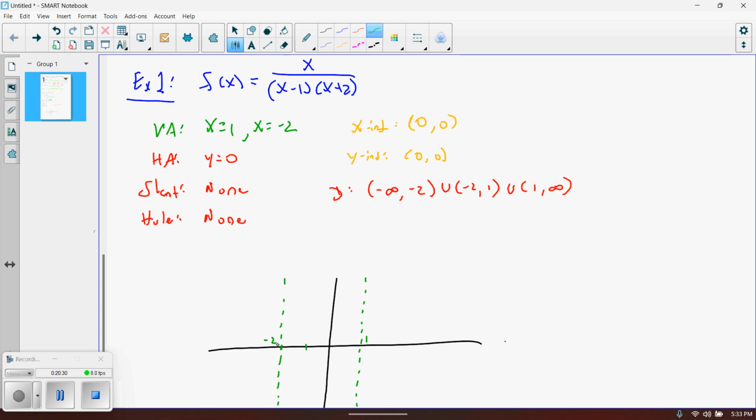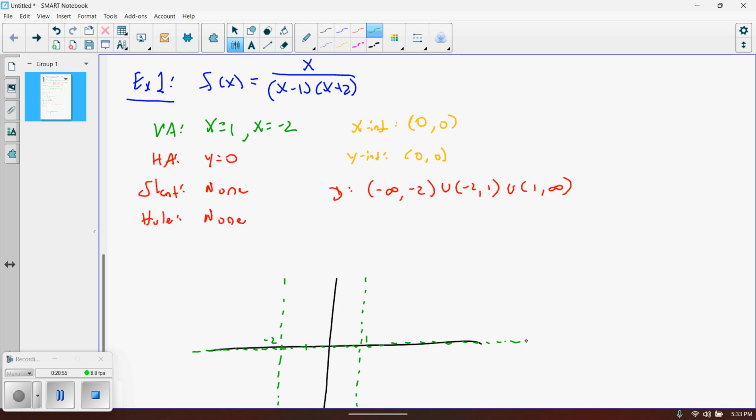That's at -2. We have a horizontal asymptote at y equals 0, which is the x-axis. When it's on the axis, it's a little bit more challenging to draw just because you're drawing usually right over top the axis. In my case, because it's green, it might be a little easier to see. But you'll do a dashed line there at y equals 0. Don't have any slants or any holes to worry about.